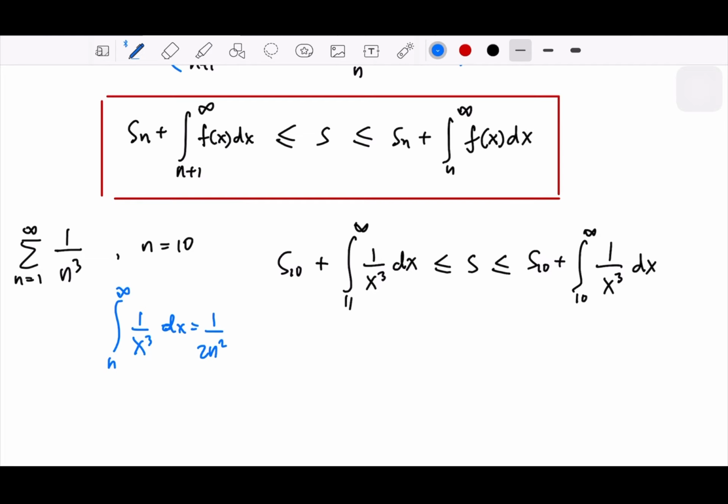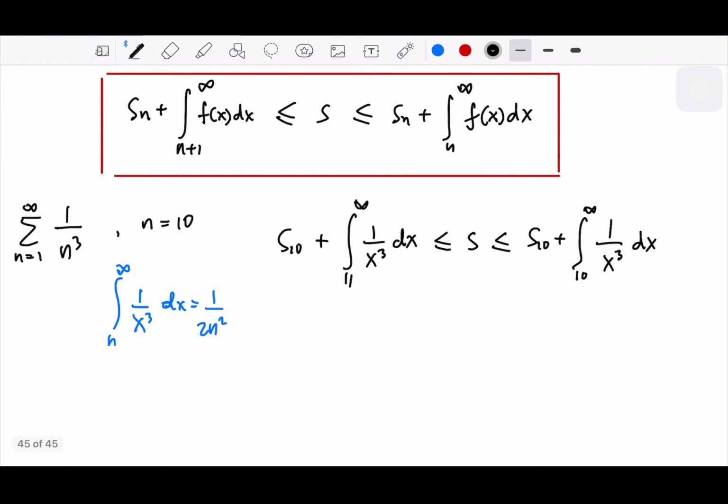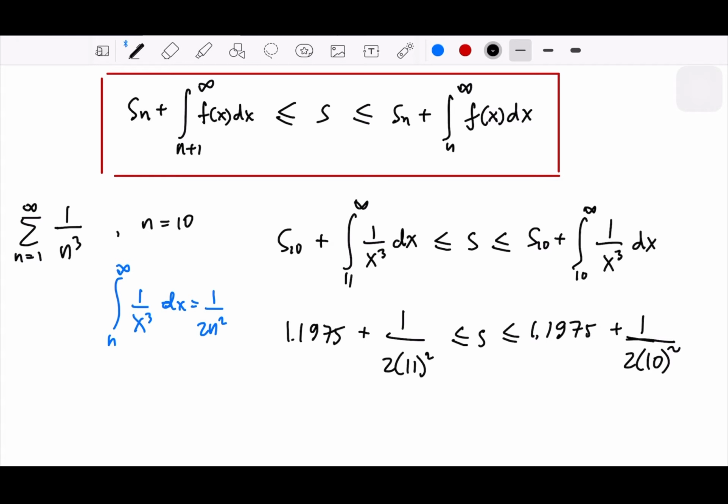So we can write this inequality in terms of S10, which we already got as around 1.1975. So this will be S10 plus the lower bound, less than S, and then less than 1.1975 plus 1 over 2 times 10 squared. So this is more complete.